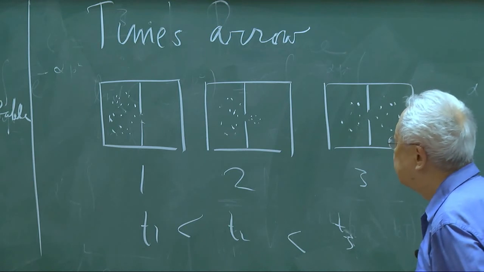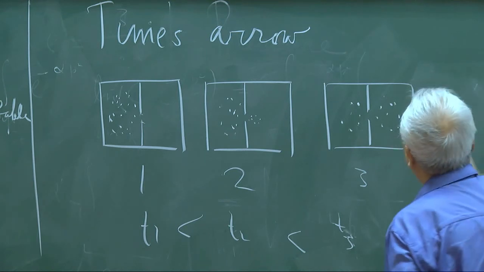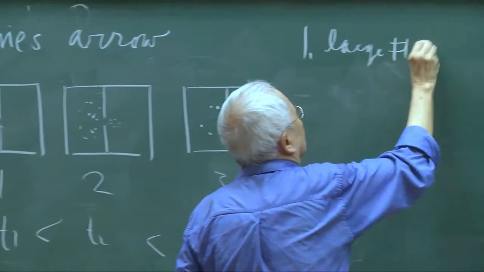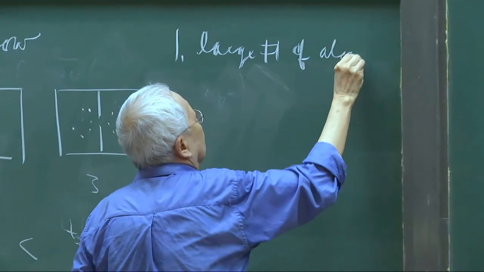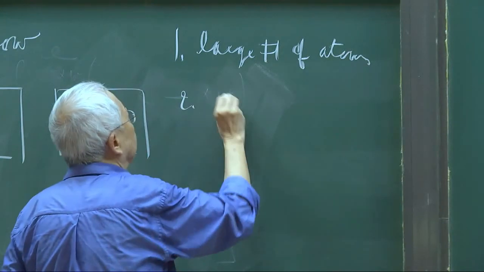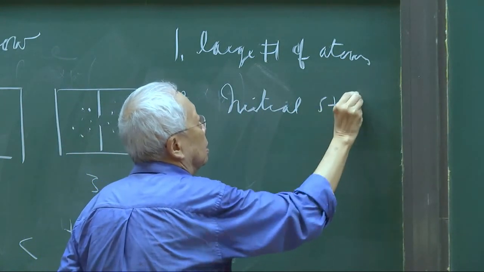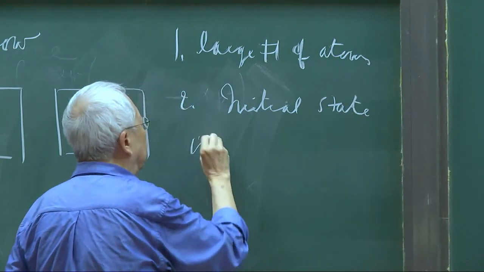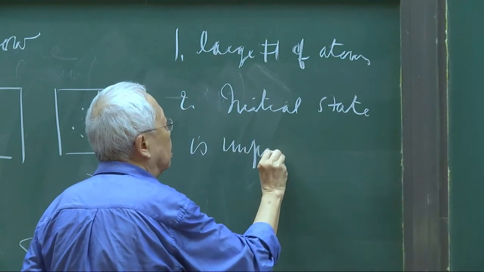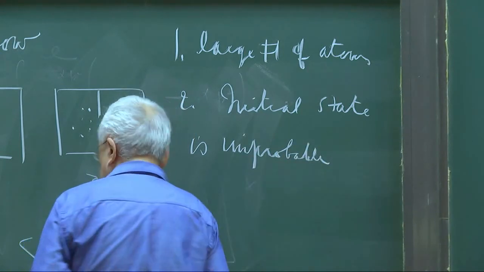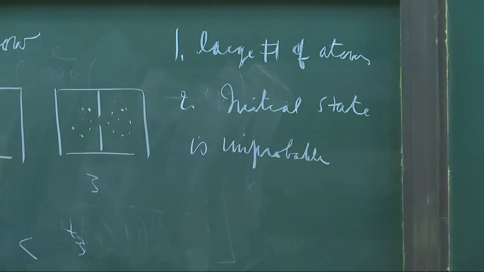We conclude that time's arrow comes because, one, there are a large number of particles. Two, the initial state is improbable. Why is this state improbable?